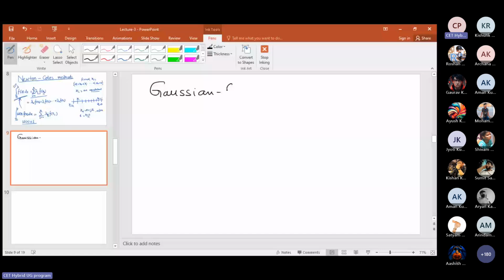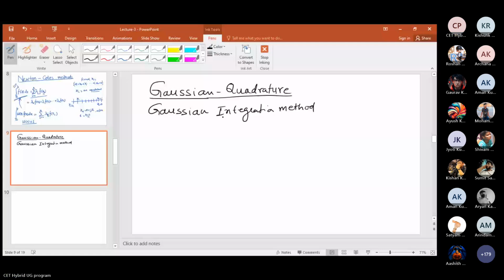Quadrature is a word for integration. In olden times quadrature was used, and during the 20th century people started using integrals, numerical integrals. So Gaussian quadrature, or Gaussian integration rules or methods. These are the methods which we are going to discuss. Let me first discuss this one and then we'll discuss the methods in detail.